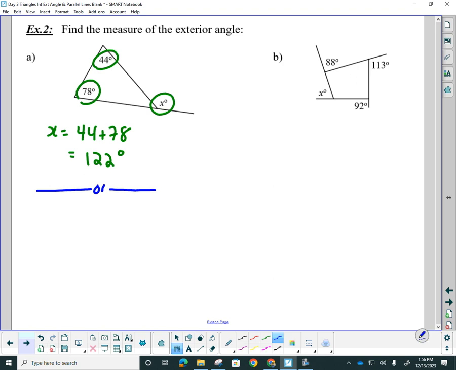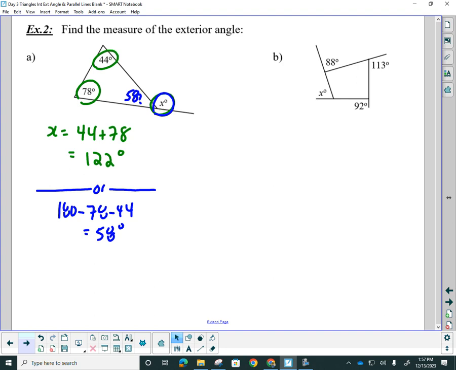I know we want to find this one, but instead, I'm curious, let's find this one first. So I can see there that that's the third angle in a 180 degree triangle. So I could do 180 minus 78 minus 44 and get that that is 58 degrees. Or you could add up 78 plus 44 and subtract it from 180, the same thing. So I just figured out that this is 58.